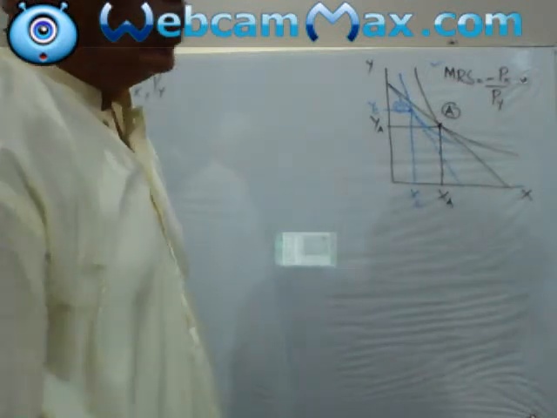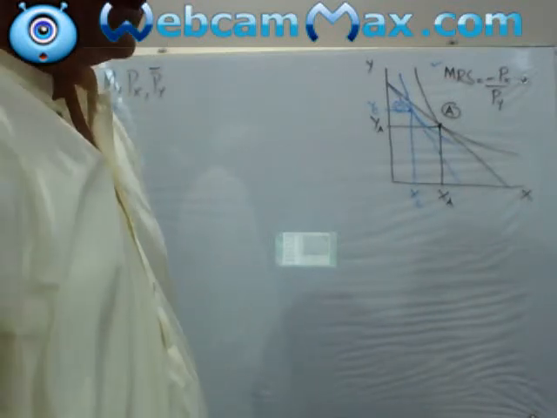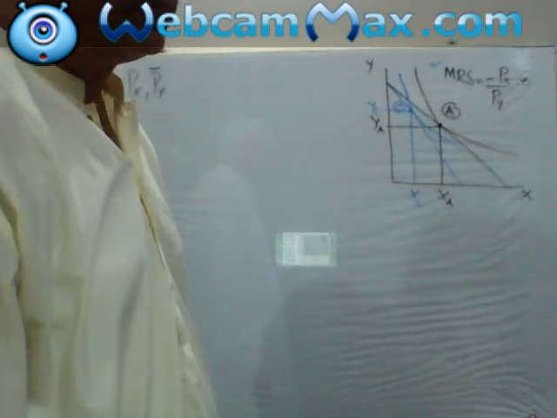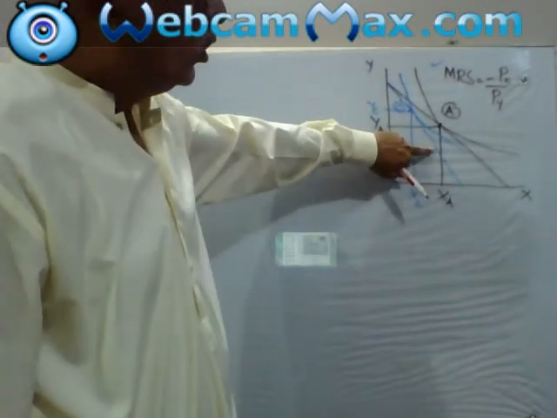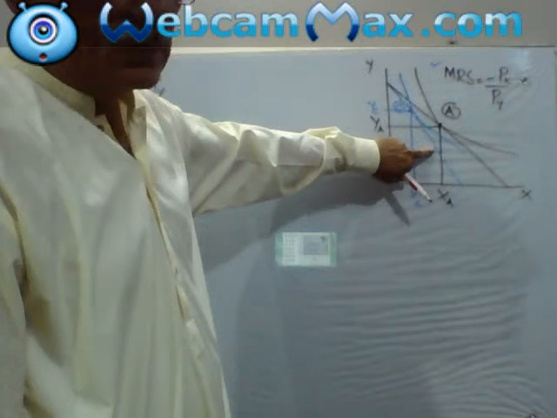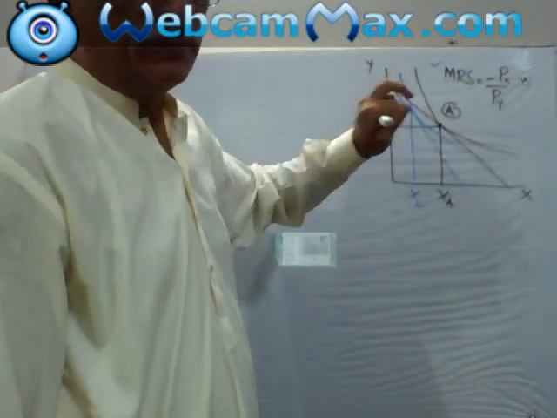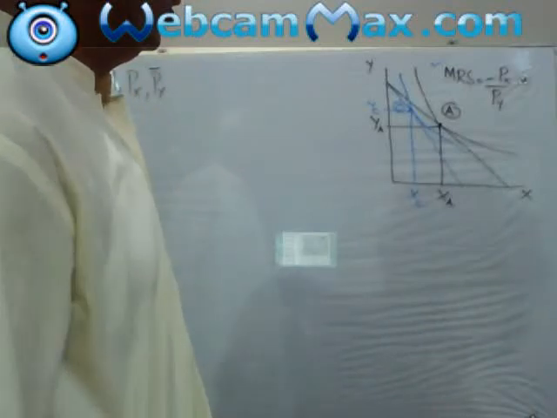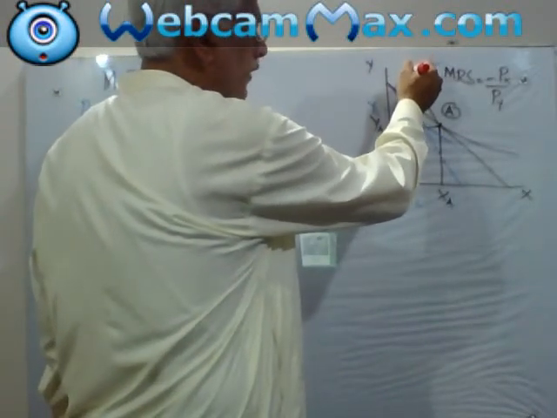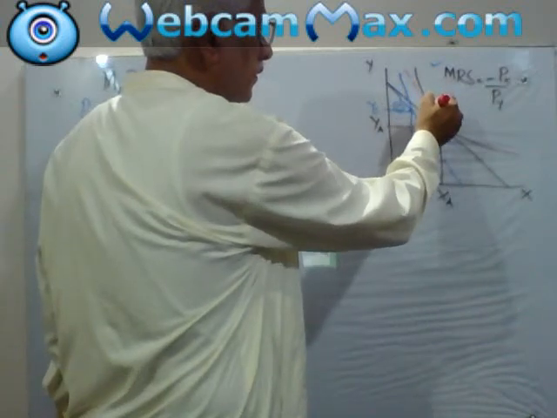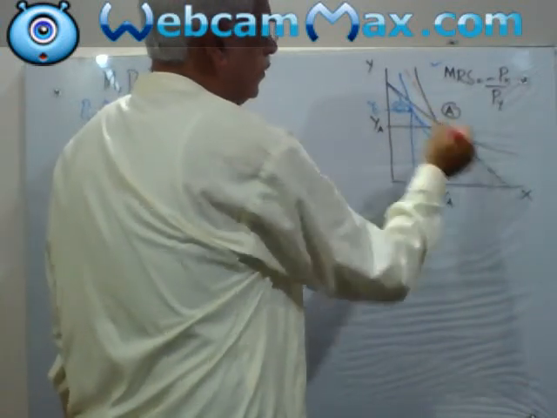So we draw a hypothetical or fictitious or imaginary budget line which is parallel to the new budget line and tangent to the original indifference curve. Okay. So if you plot that line, it looks like this one.